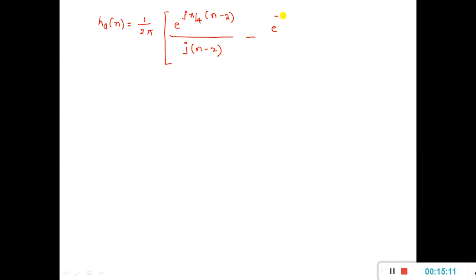The lower limit is minus pi by 4. Therefore I write it as e to the power of minus j pi by 4 (n minus 2) divided by j into (n minus 2).